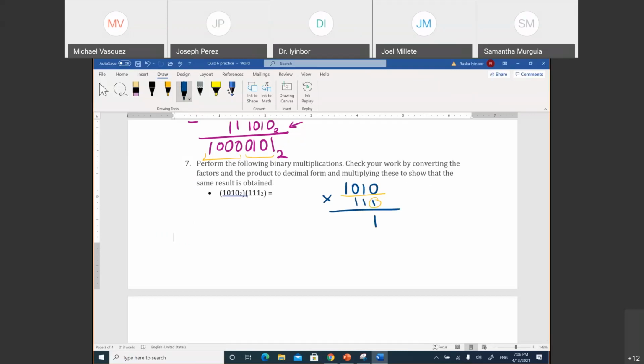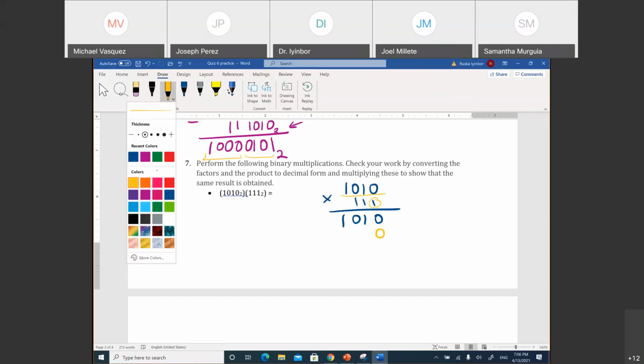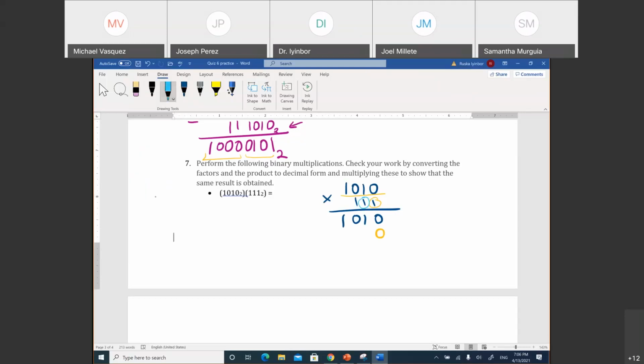I just need to copy that: 0, 1, 0, 1. Then I have to put the 0 to line it up, to move it. And then I'm going to the next one, which is this digit here, 1. Multiply by everything, just copy that. So it's going to be 0, 1, 0, 1.